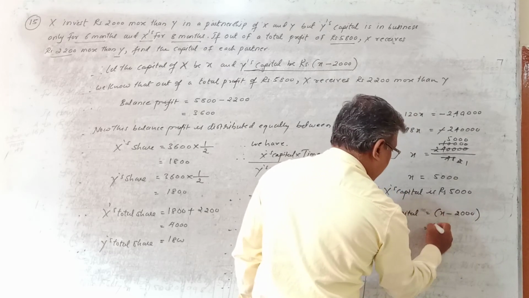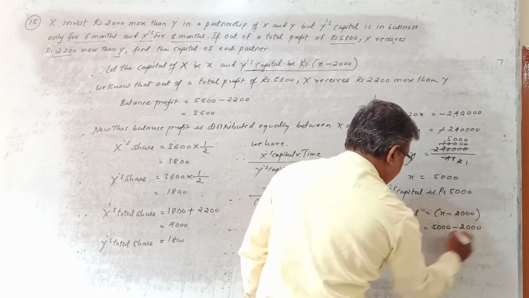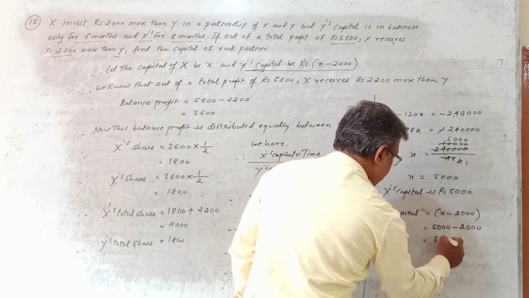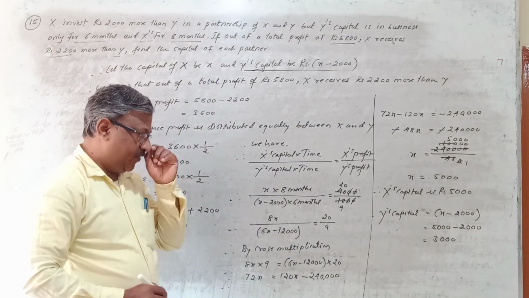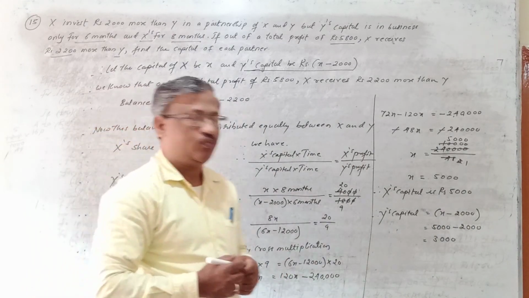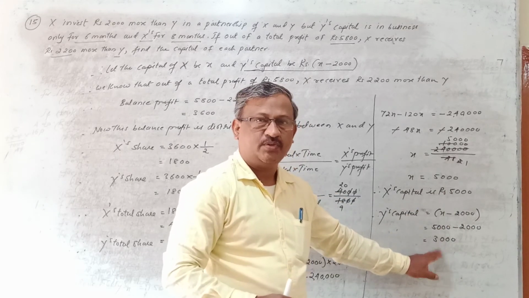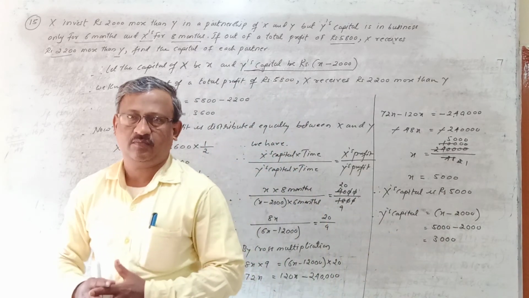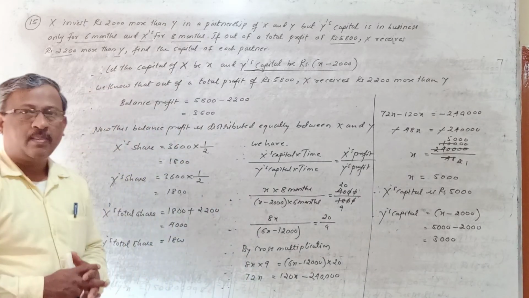The x value we have got is 5,000. From 5,000 you minus 2,000, so 3,000 remains. So like this, we get the capitals of x and y. So x's capital is 5,000 and y's capital is rupees 3,000. Understood? So this is how we have to calculate the capital.